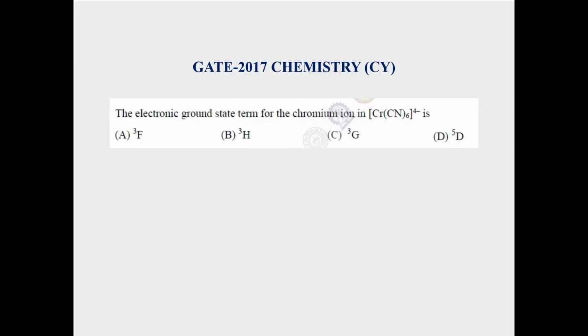So the next question which we will be discussing today is this question. I think this is question number 9 from the GATE 2017 paper. The question is: the electronic ground state term for the chromium ion in [Cr(CN)6]4- is what?